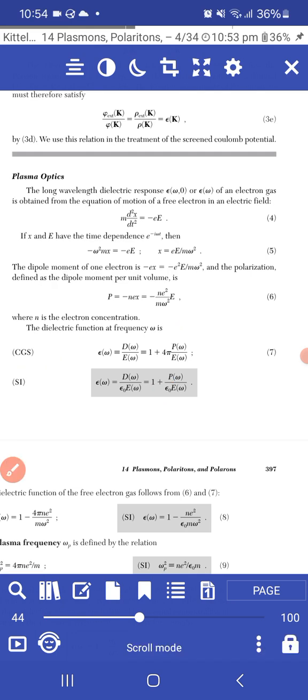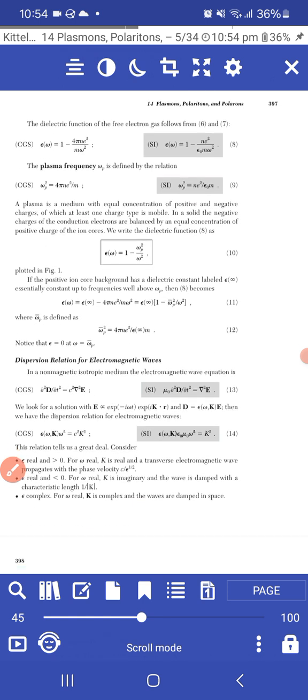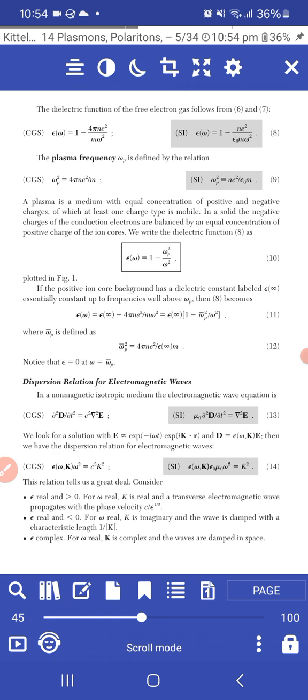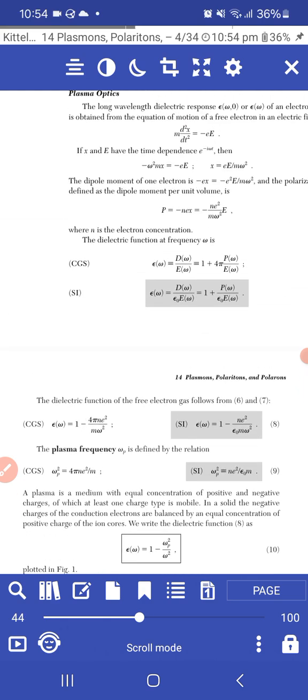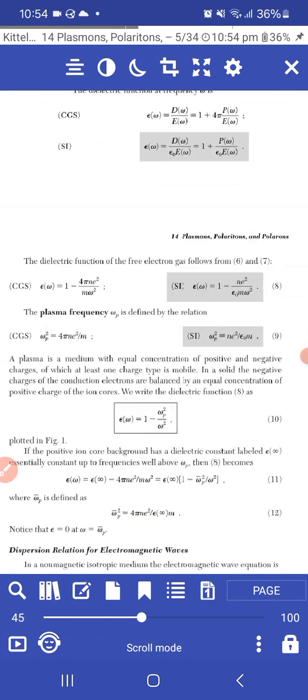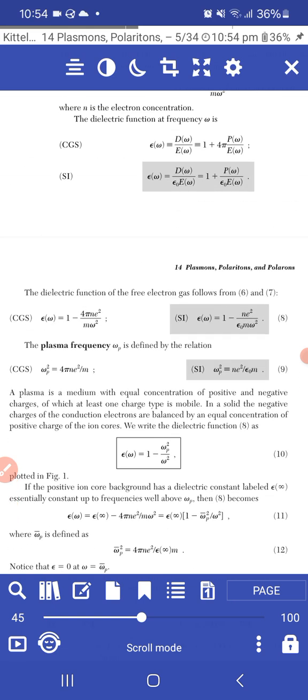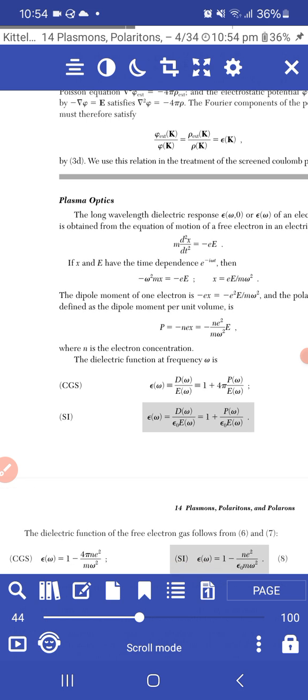So we move ahead. The dielectric function of a free electron gas follows from equations 6 and 7. So epsilon is equal to minus n e square by m omega square into some constant.